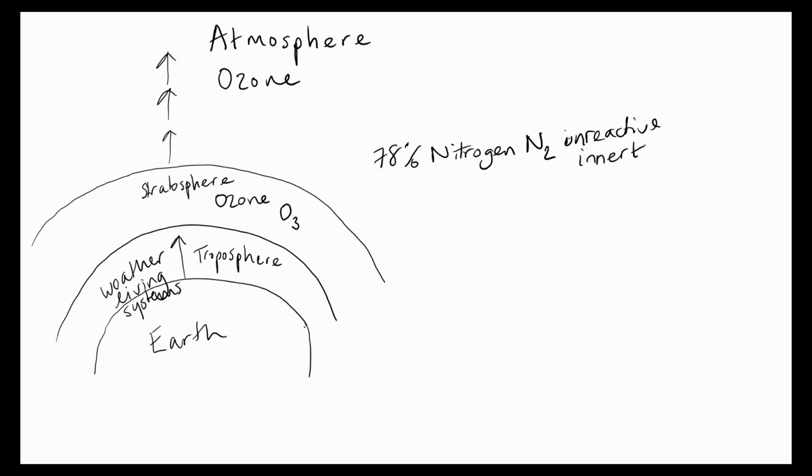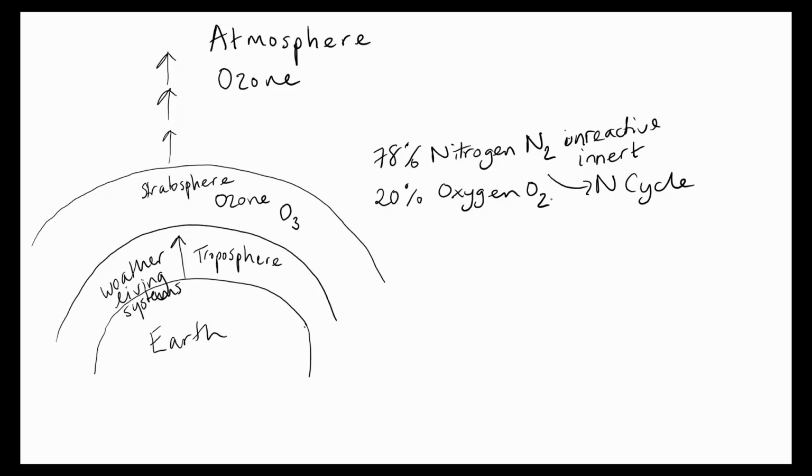And so that links to what happens with the nitrogen cycle, because microbial organisms have to convert that nitrogen gas so that other organisms can make use of it. Okay, so about 20% of the Earth's atmosphere is oxygen. And that again is another molecule with 2 atoms in it, O2.